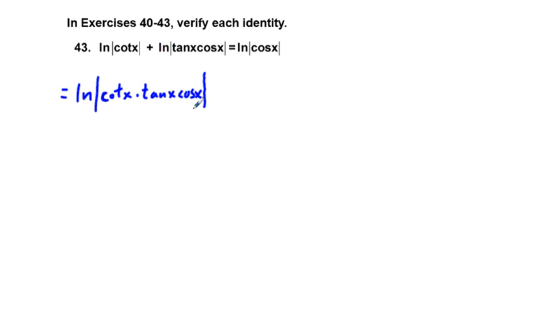And then we can rewrite cotangent x as cotangent theta is equal to cosine theta over sine theta, and the other quotient identity, which is tangent theta is equal to sine theta over cosine theta.